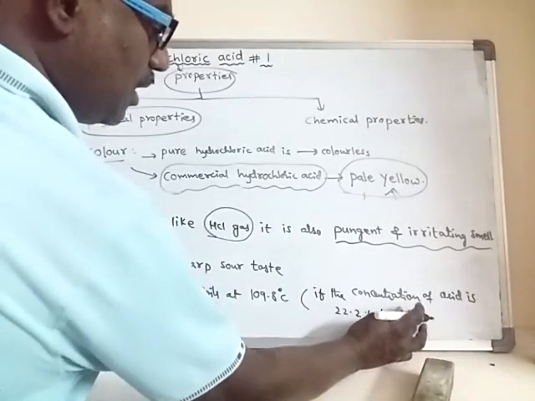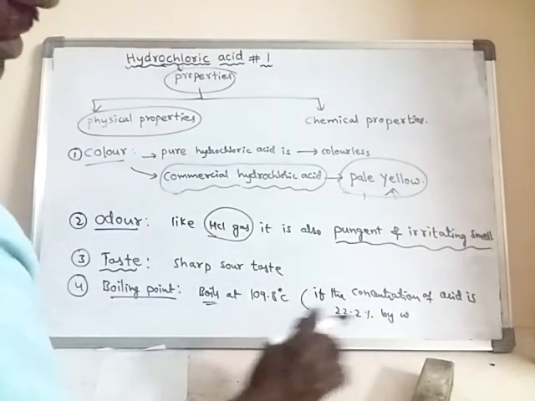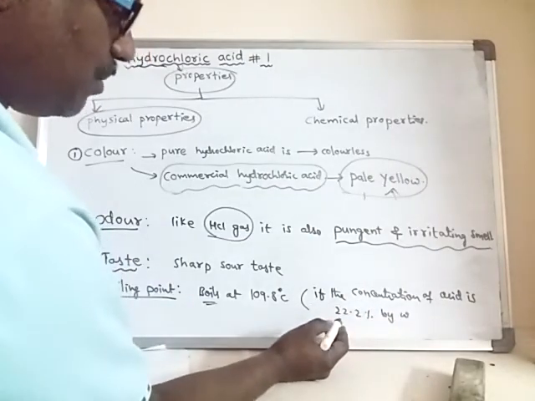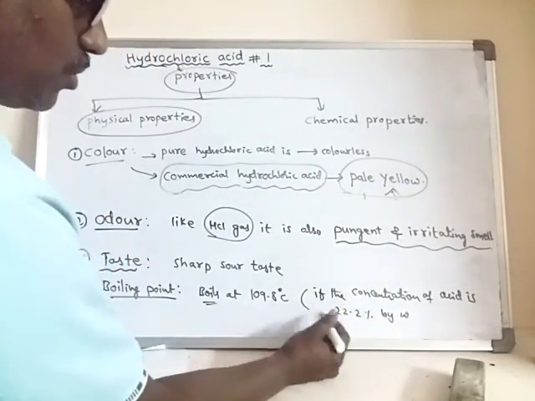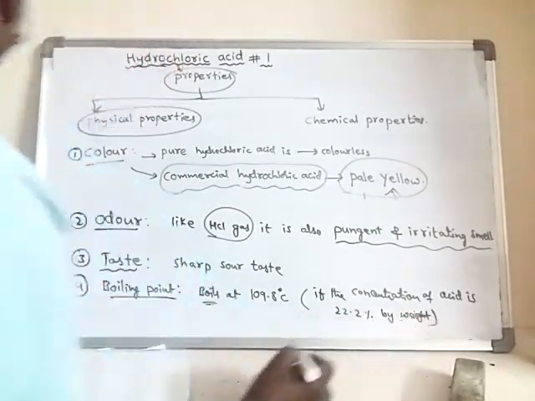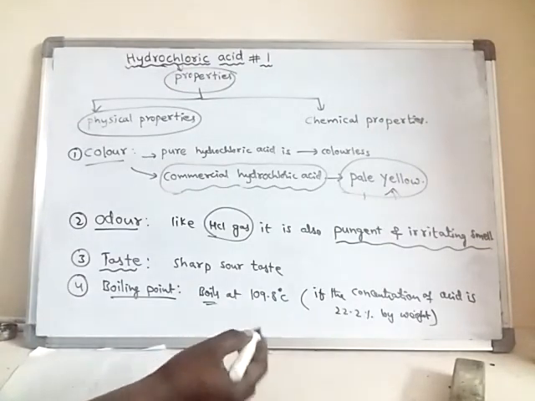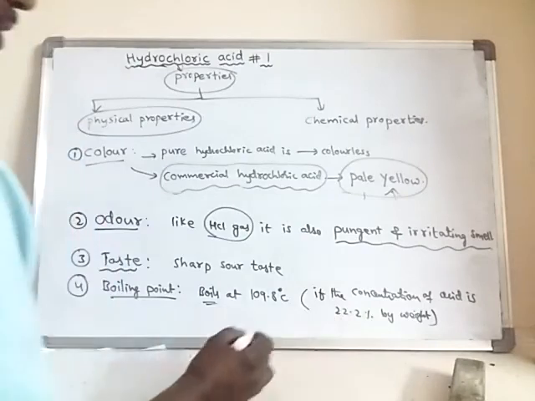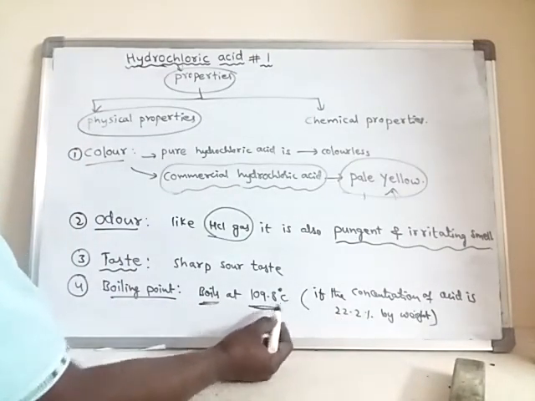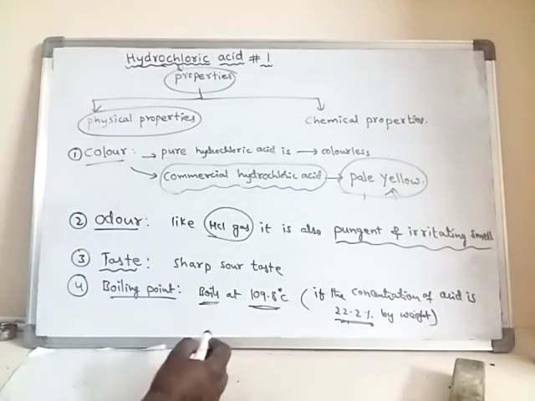Generally the concentration of this acid will be 36% by weight. But if the concentration of acid becomes less, that means it becomes 22.2% by weight, then that acid boils at 109 degrees 28 minutes. So we have to remember this figure.